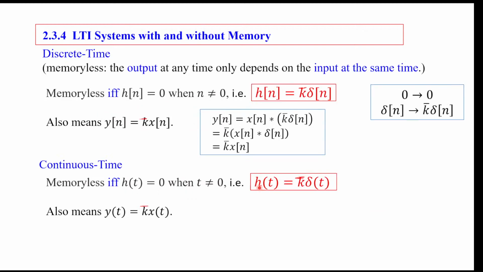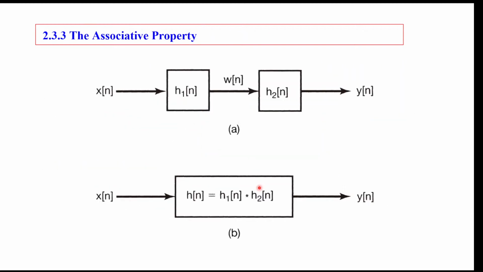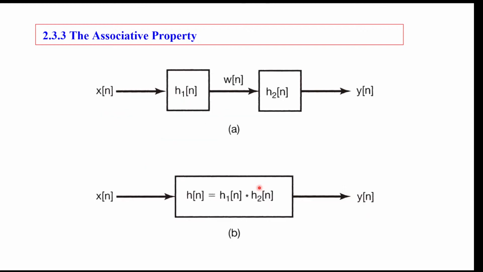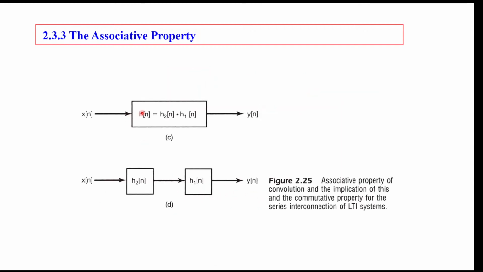And then if you use the commutative property, you see that h1 convolved with h2 is the same as h2 convolved with h1.